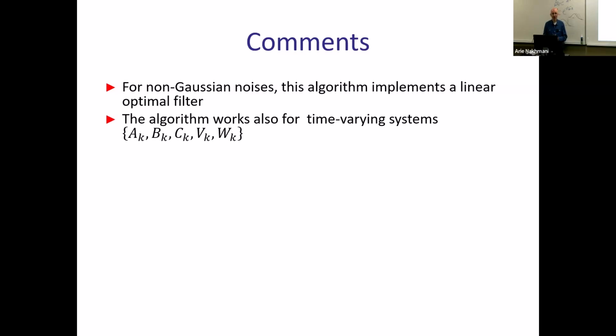You will still have the Kalman filter being the optimal filter for these systems as well. All right, which is a very nice property: your system can change in time, and your Kalman filter will change in time with the system, and at every step it will compute the optimal observer for your time variant system. Right, very nice.